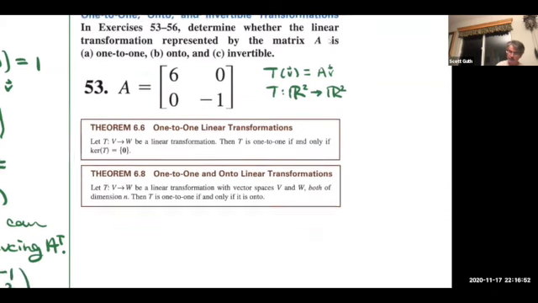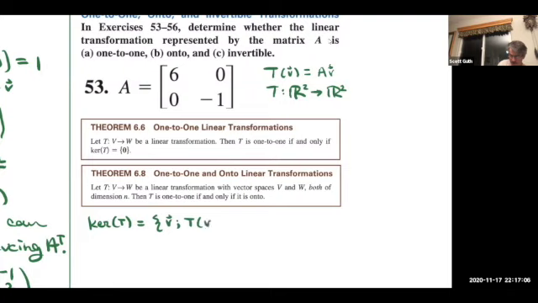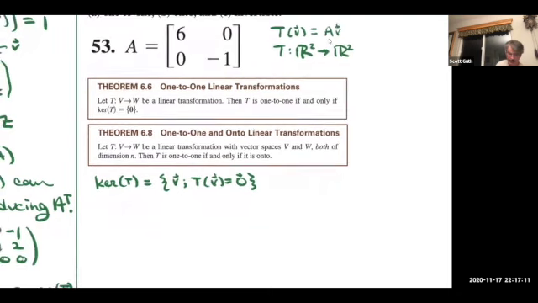So the kernel of T is a set of vectors V such that T of V is 0. Okay, so let's go ahead and figure that out. So T of V is going to be AV. A is this 6, 0, 0, -1 times V. We'll call V just XY.